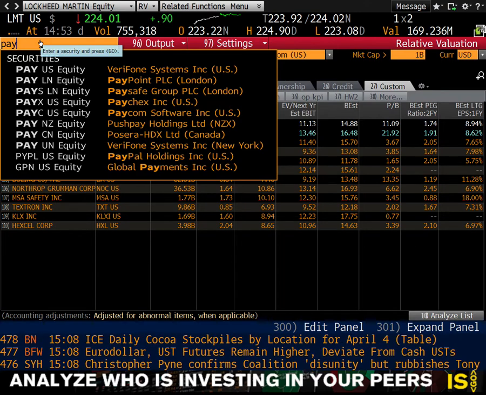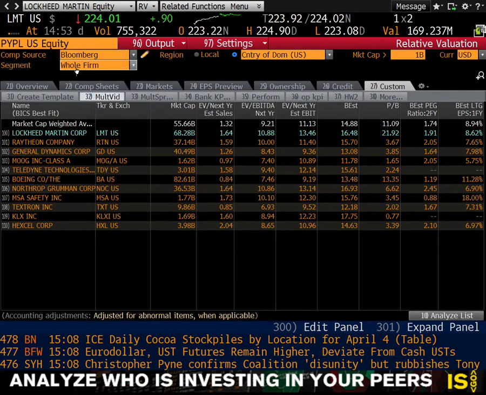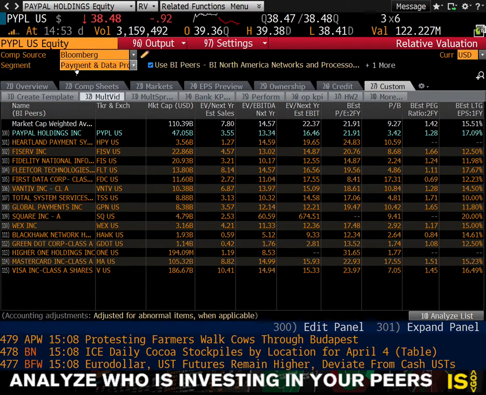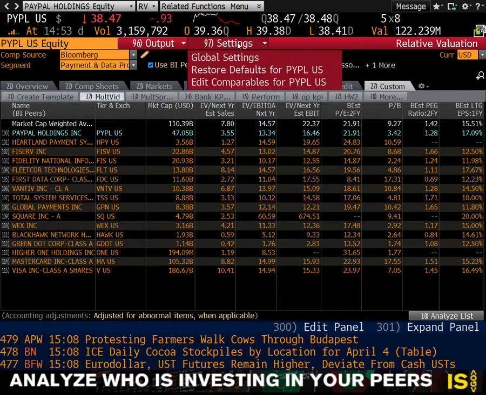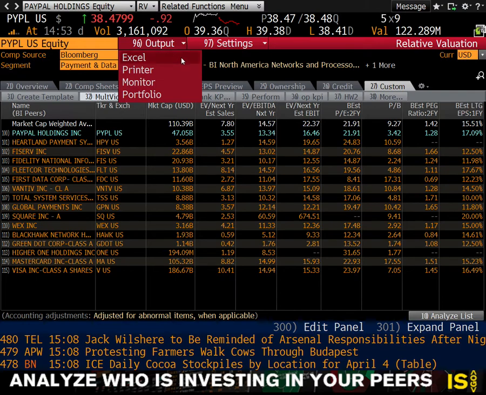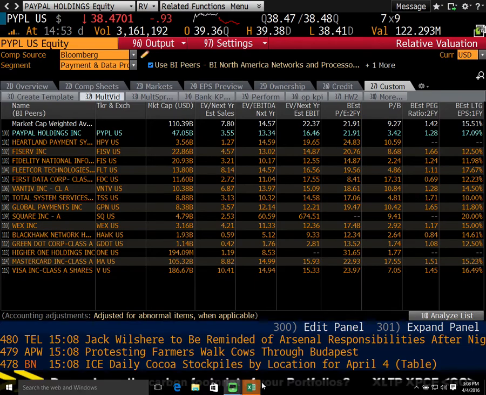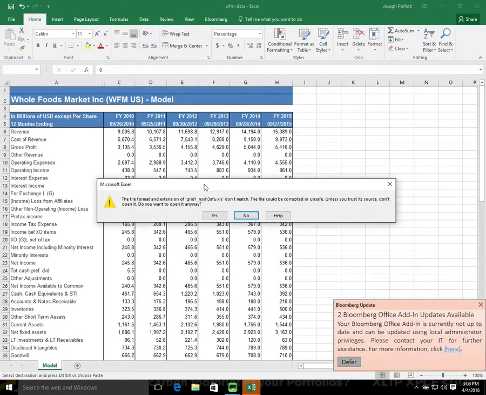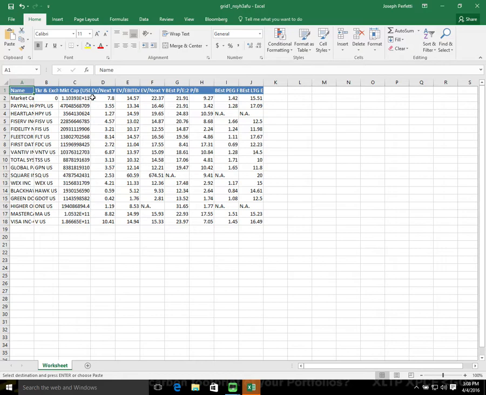Let's look at the payment space. So here's PayPal, and here are their payment peers. Basically what I could do, same thing, settings, output, Excel. Again, estimated margin equals enterprise value to sales divided by enterprise value to EBIT.